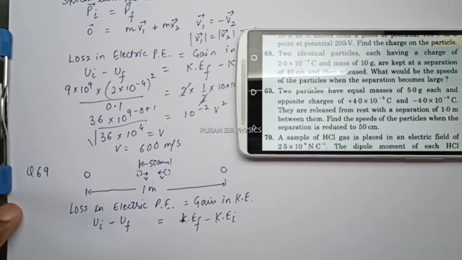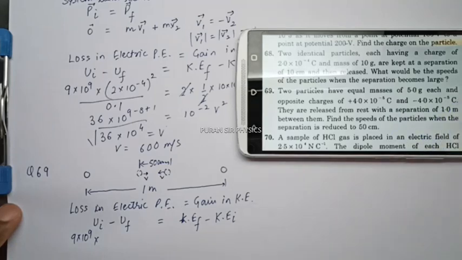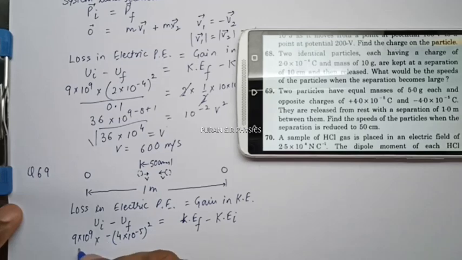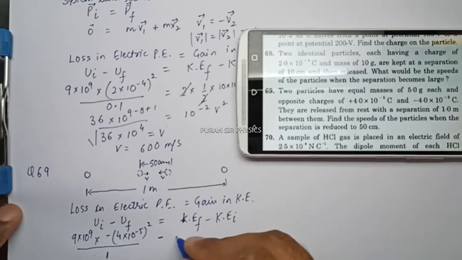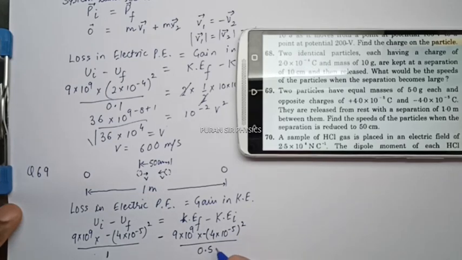So U initial will be 9 into 10⁹ and the charges are +4 into 10⁻⁵ and -4 into 10⁻⁵, so it will be -(4 into 10⁻⁵) square divided by 1, and final will be 9 into 10⁹ into -(4 into 10⁻⁵) square divided by 0.5.